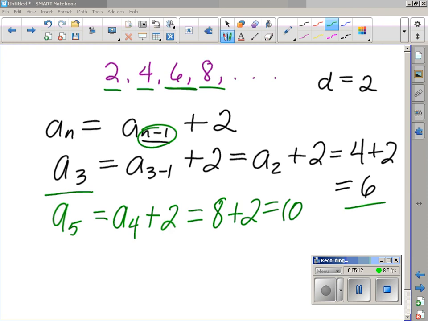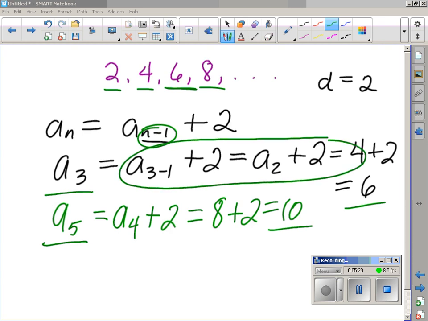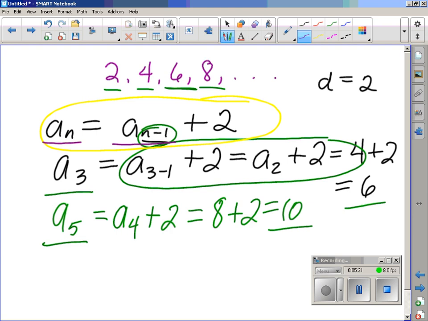So that tells me the fifth term would be 10. So you don't have to write all this stuff down. Here's what you think. When you see something like this right here, here's what it means. To find any term, I take the term right in front of it and add 2.